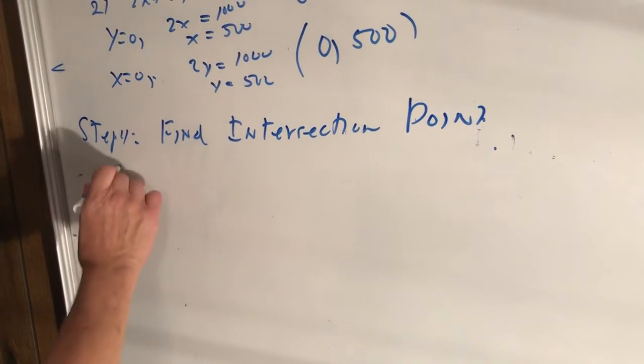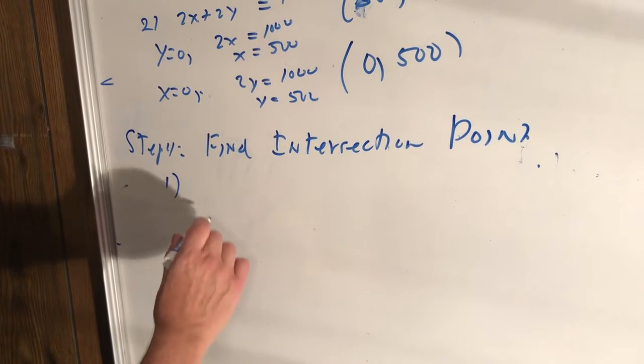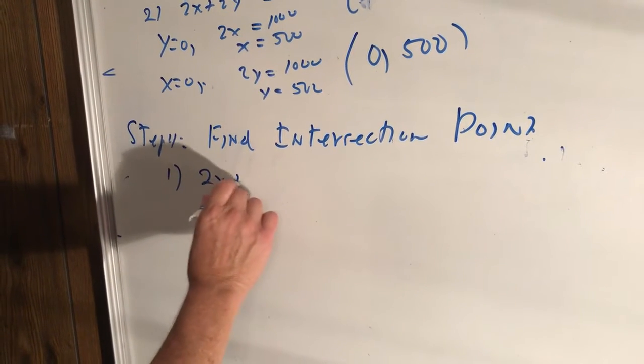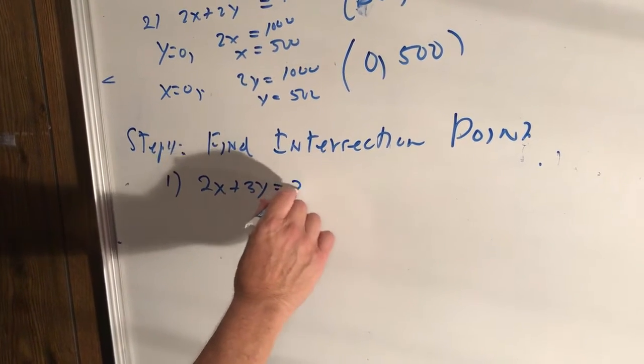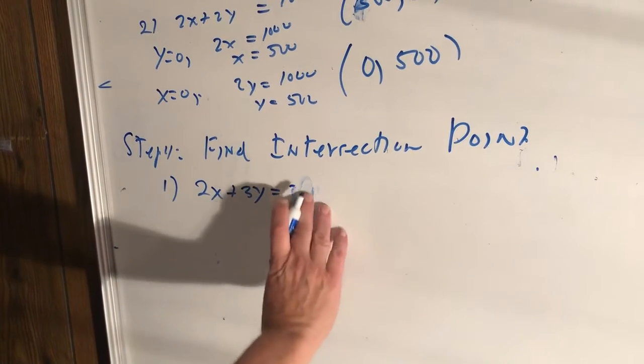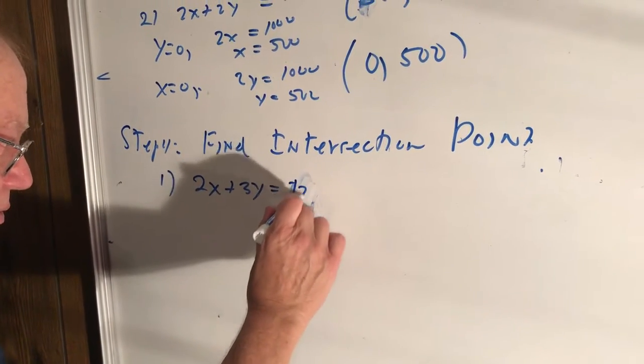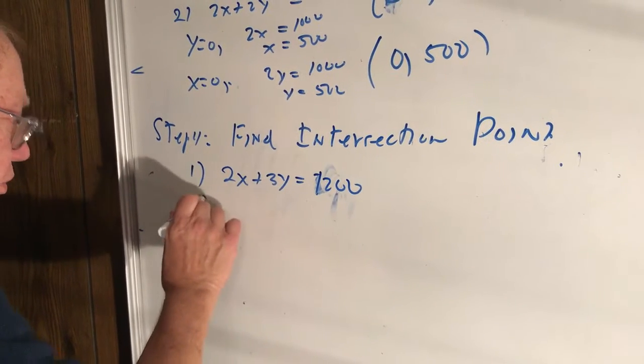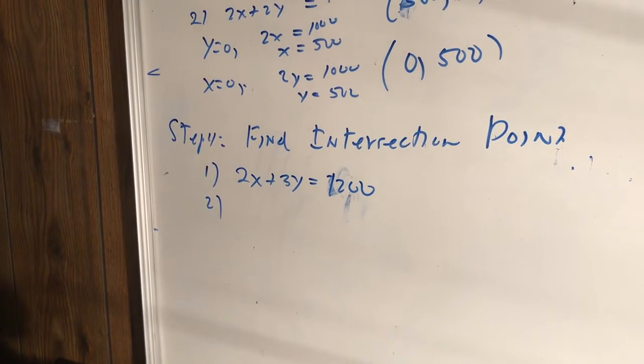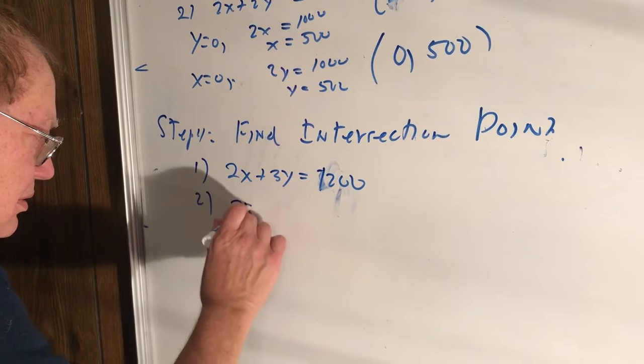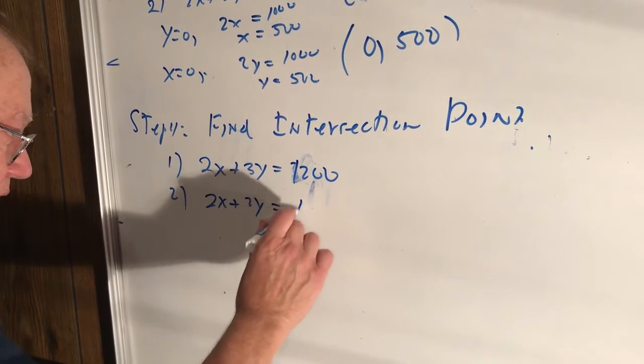So we have equation 1, which is 2x plus 3y equals 1,200. Equation 2, 2x plus 2y equals 1,000.